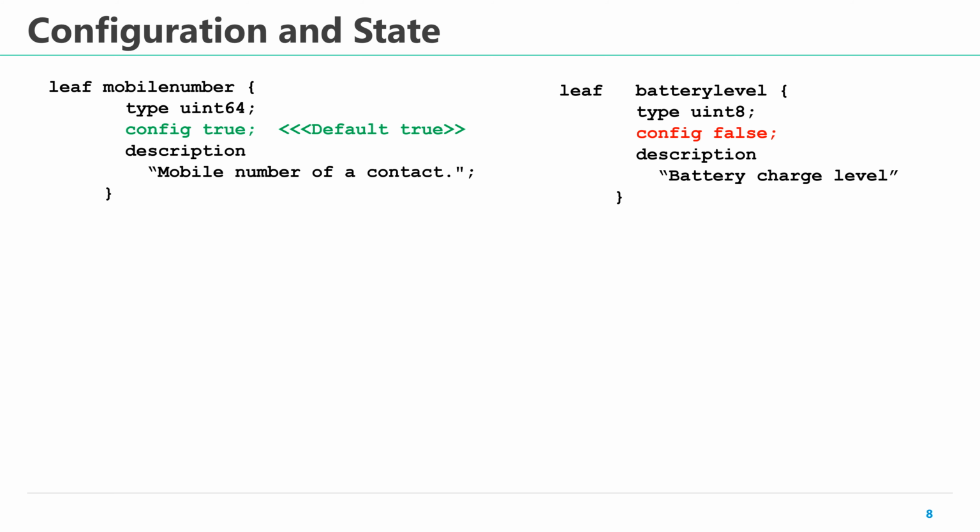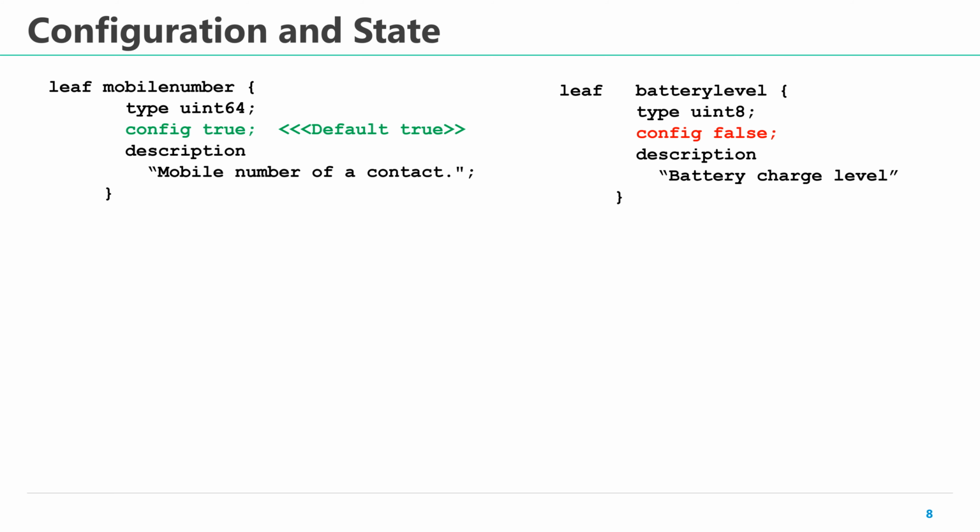Now let us move to what is called as state information. In your mobile phone, the battery level is not something you can manually enter. It depends on what is the actual battery charge level that is available depending on when you last charged it and how much you have used it. So this is a status information. The device is telling you the status of the battery depending on the usage.